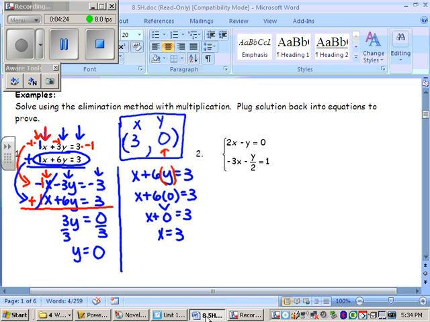Now we can simply plug these values back into the original equations to double check our answer. So let me scroll down and refresh your memory on this process.